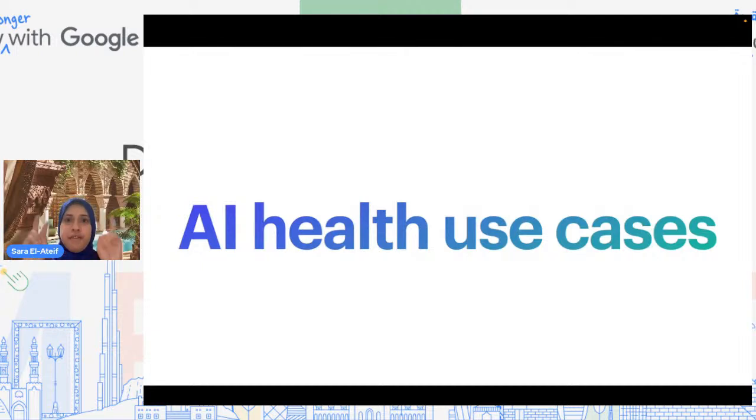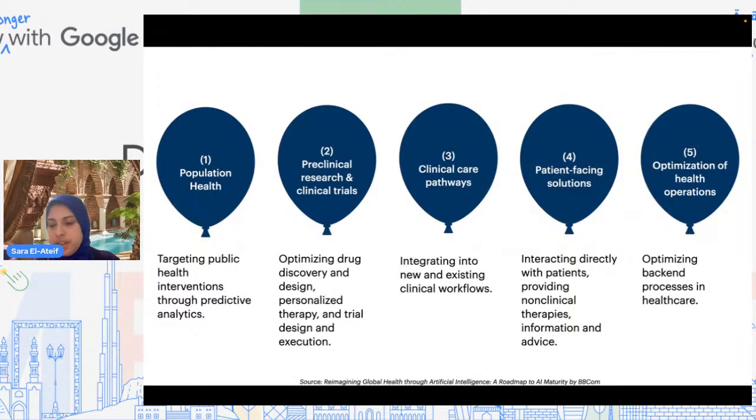So if we have more AI doing what we humans do in the healthcare sector, it will be able to make the process go faster, and then obviously you'll be able to help more people than we humans right now can do. So what are these AI use cases, like where can we apply AI in the healthcare system?